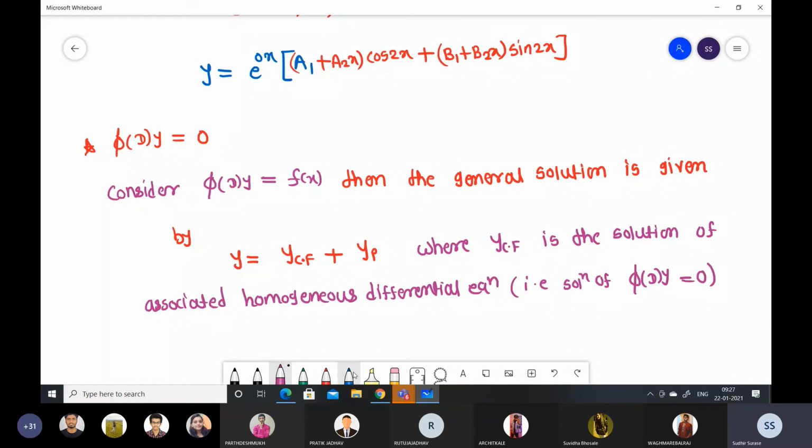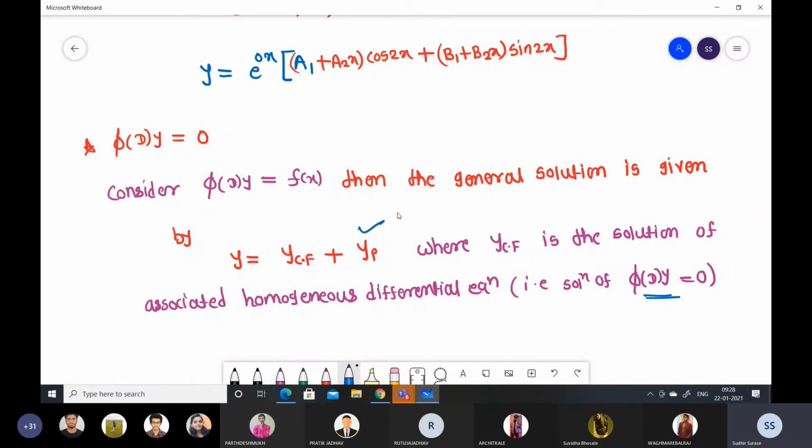And now you are quite familiar with the solution of a homogeneous differential equation. How to find it? According to the 4 cases we have to write the solution, right? Now we are interested in finding yp.